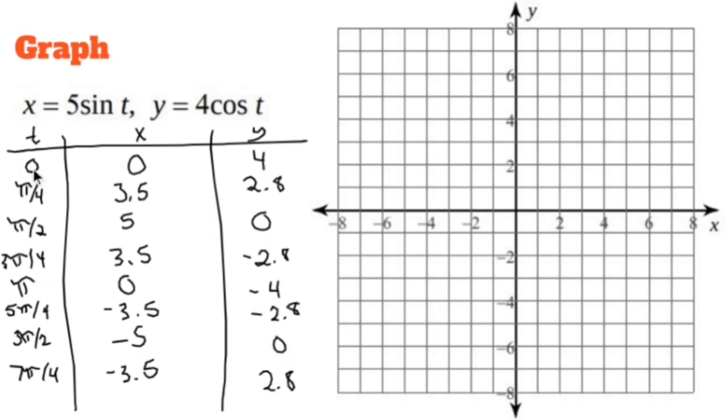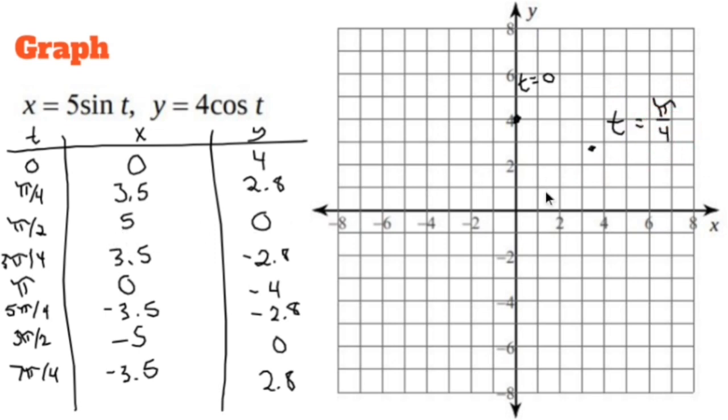And as I graph them, I'm going to say where my t was. So 0, 4 lives around here. T was 0 for this one. 3.5, 2.8 lives here-ish. And t was pi over 4 for that one.